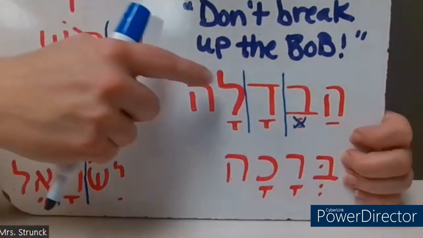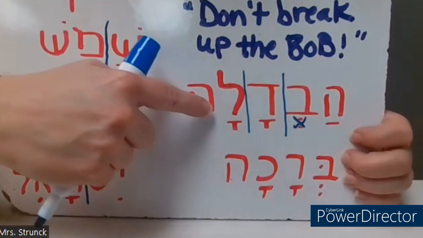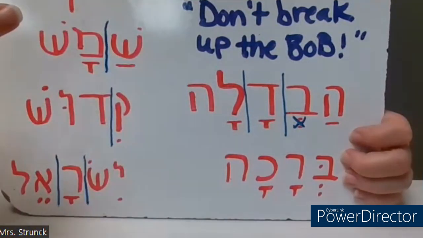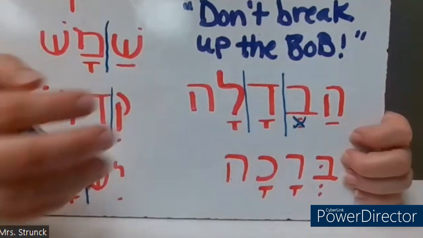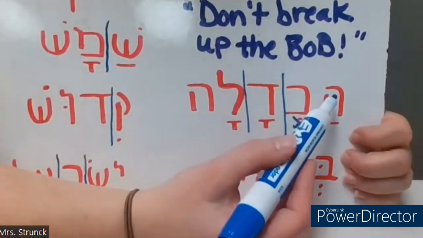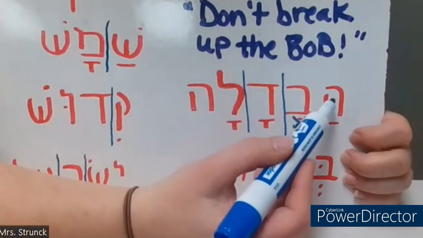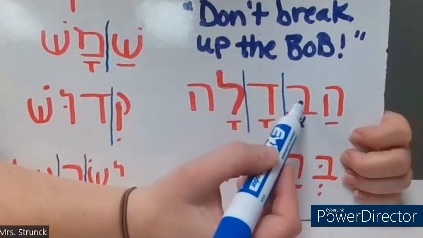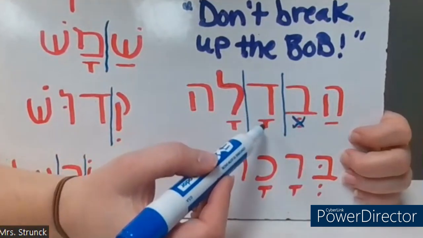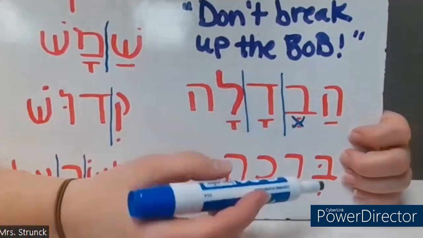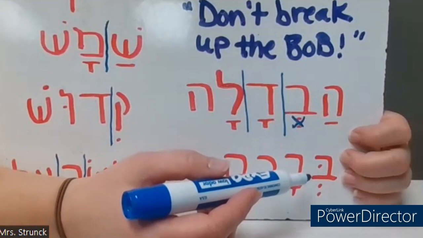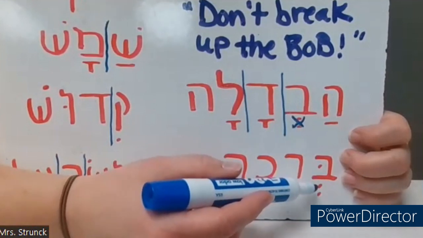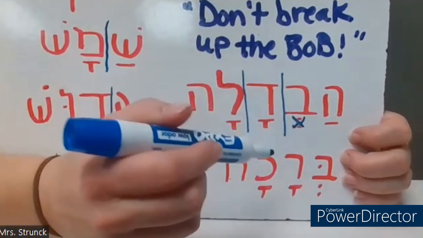And then I've got letter, vowel, letter. That's like Bob. I'm not going to break up the Bob. This is all one syllable, so we have da, la. This next one, because it makes an i sound, we're going to count it.